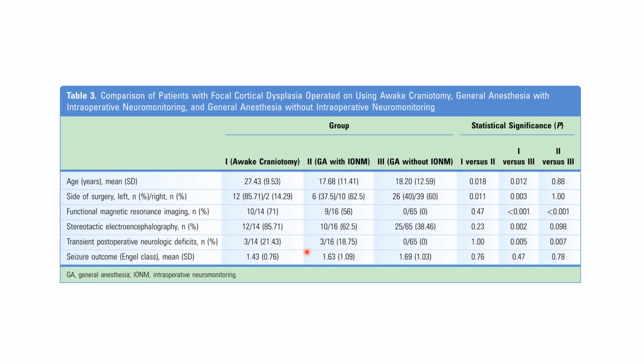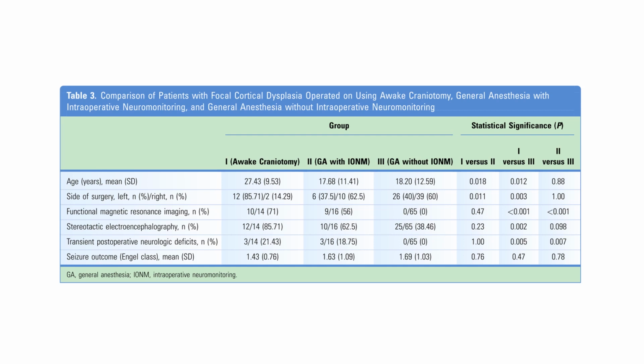So this means that in those cases of mostly eloquently localized lesions, we have about a 20% rate of transient neurological deficit, but fortunately we don't have any permanent neurological deficit, which makes us speculate that we have the same functional outcome in highly eloquent lesions as we have with non-eloquent lesions, like with group 3.